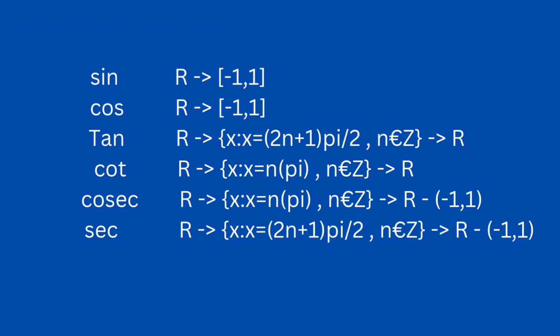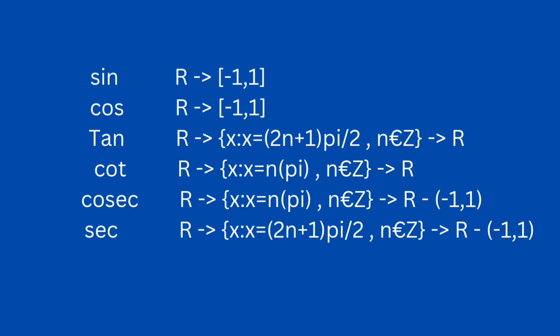You may note over here that for secant and tan, the values of the domain restriction are the same, right? This (2n+1) times pi by 2. Again for secant it is (2n+1) times pi by 2. What is the difference between these two? Just look at the right side. For tan, R lies between x not equal to (2n+1) times pi by 2, n lies in Z, it is an integer.